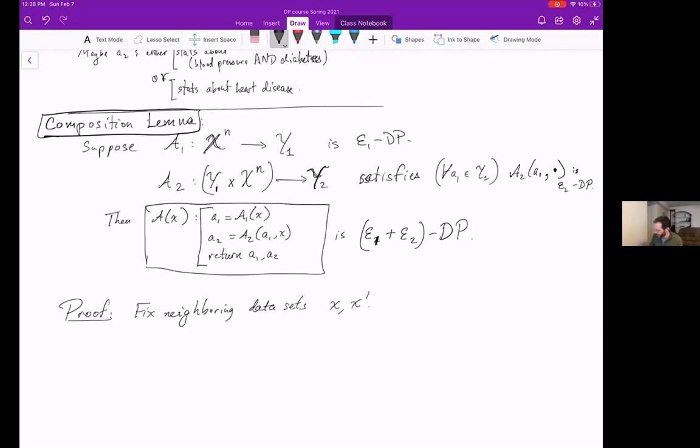So recall what we want to show is that for all events E in the output space, which in this case is the product of Y1 and Y2, the probability that A of X lies in E is at most e to the epsilon1 plus epsilon2 times the probability that A of X prime lies in E. And what we saw last time is it's sufficient to look at one output at a time.